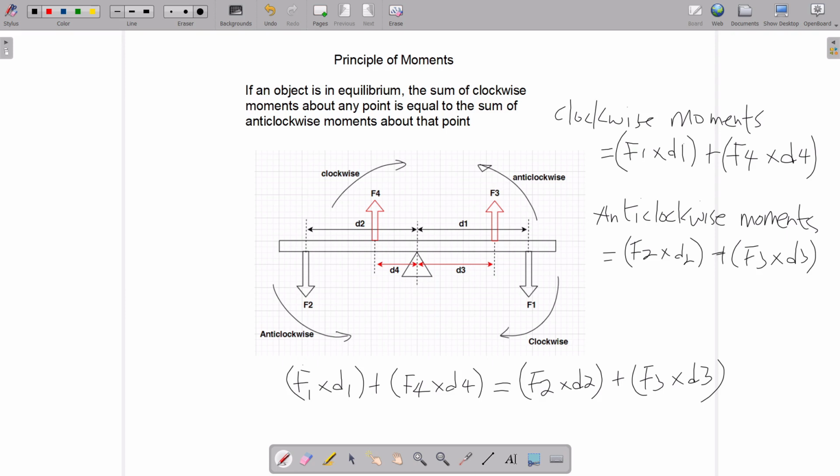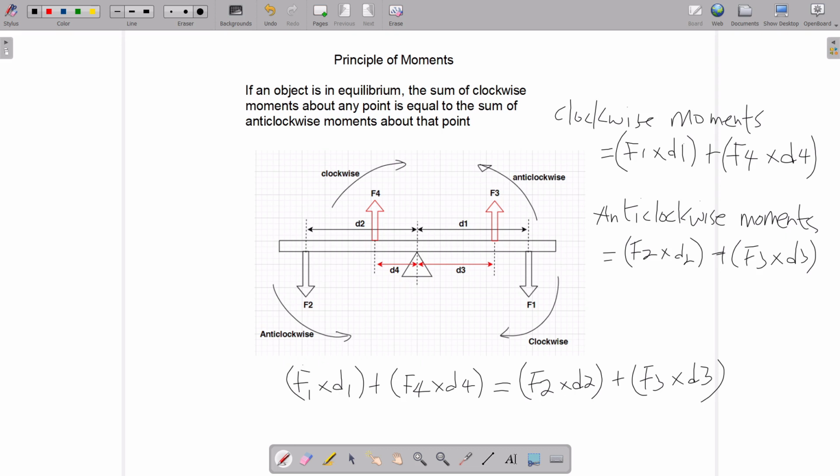Now, in questions involving moments, there are instances where you would have certain missing parameters. Say we don't know a force, or we have to find the distance at which a force is acting from the pivot. In that instance, it is important that you come back to this principle. It talks about an object in equilibrium. And we've established that if an object is in equilibrium, then the net force on it is 0, or the forces are balanced.